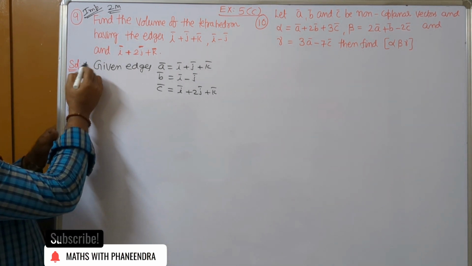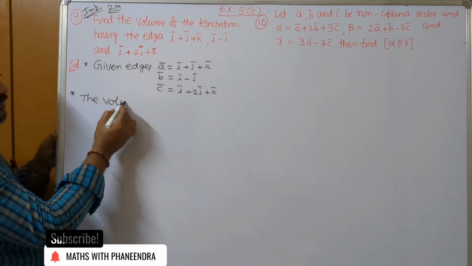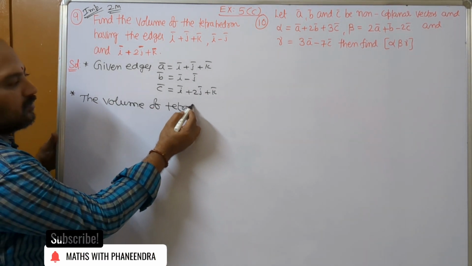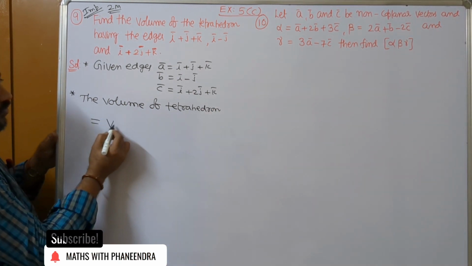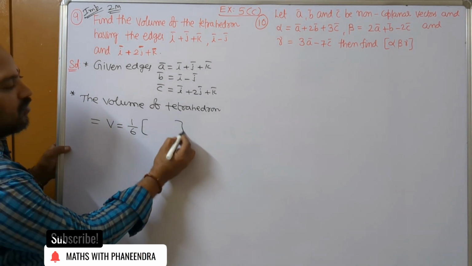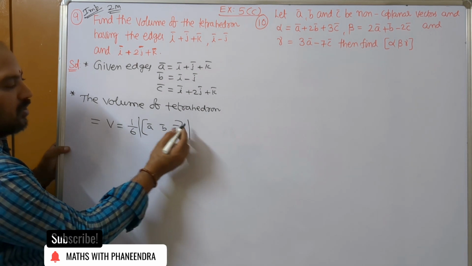The volume of the tetrahedron is V equal to 1 by 6 times the modulus of box of A bar, B bar, C bar.